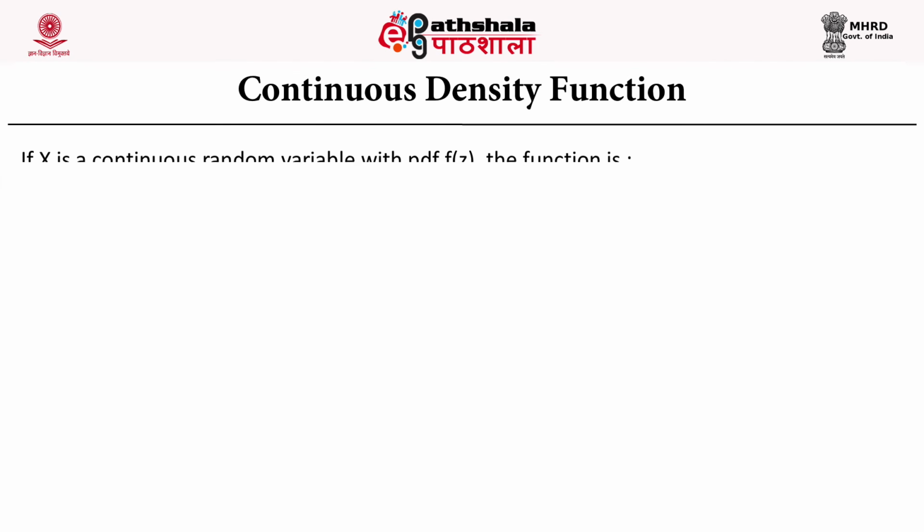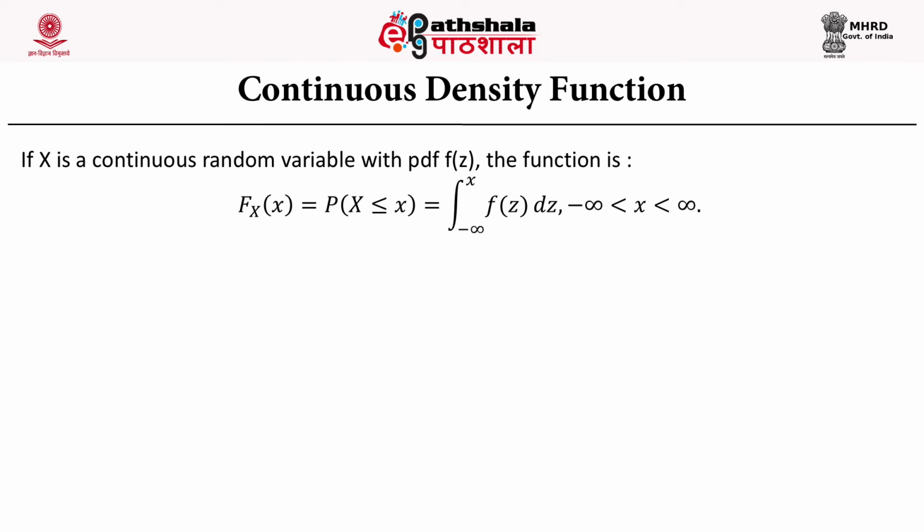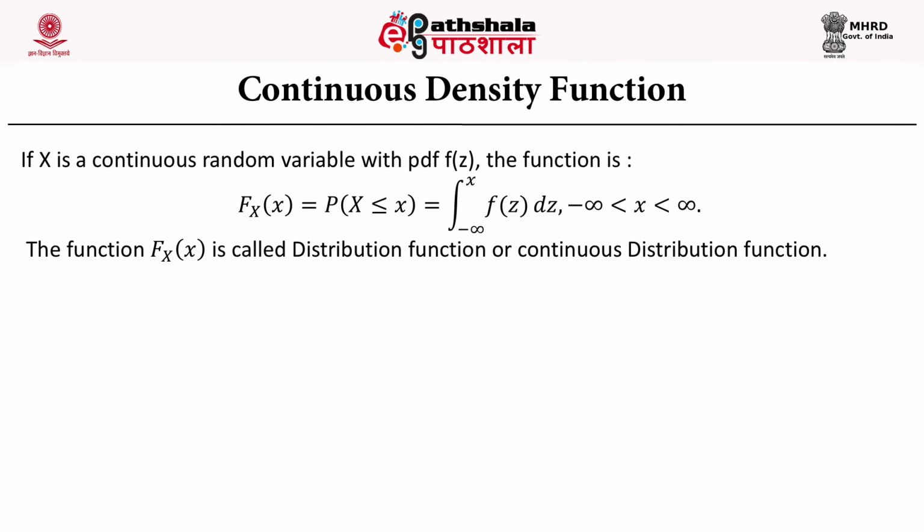So if X is a continuous random variable with PDF f(z), the function is given as the probability that X is less than or equal to x, and it is represented by the capital F of x notation, which is equal to the integration from minus infinity to x of f(z) dz. The function F(x) is called the distribution function or continuous distribution function.